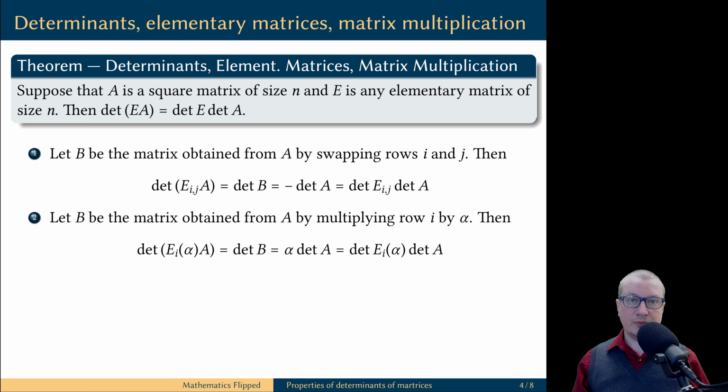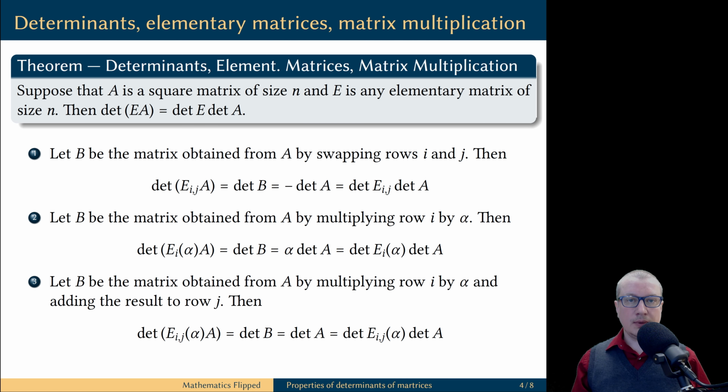Therefore, the determinant of B is equal to the determinant of A multiplied by alpha. The last piece of the puzzle is to recall that the determinant of an elementary matrix of the second type is exactly alpha.